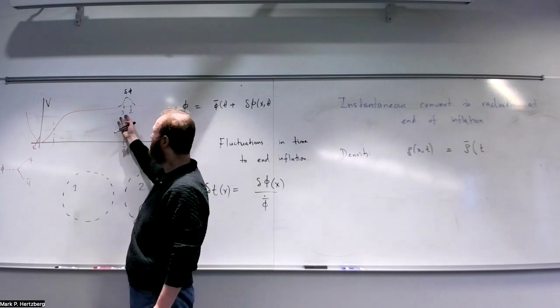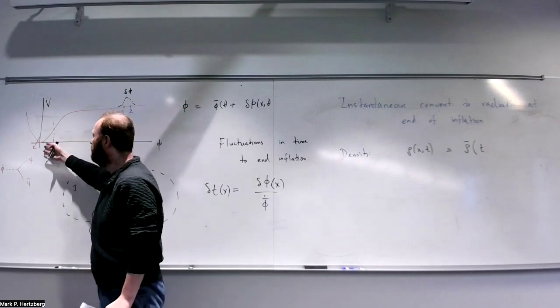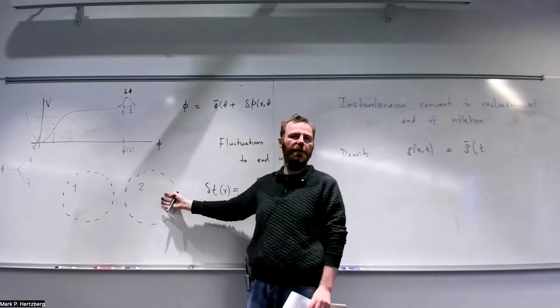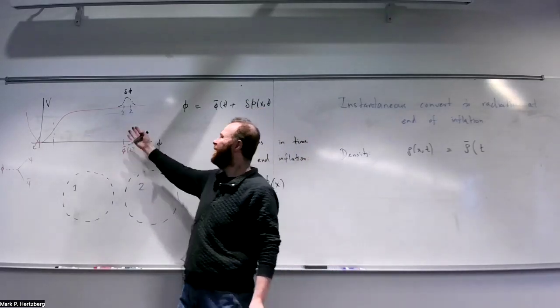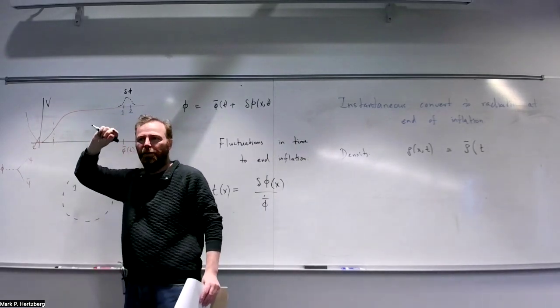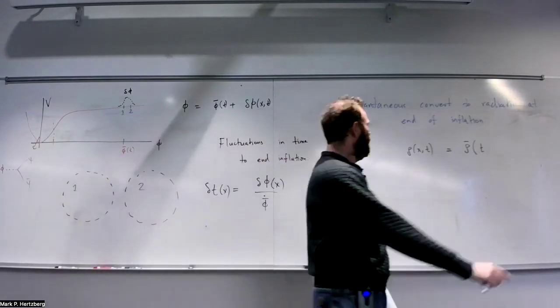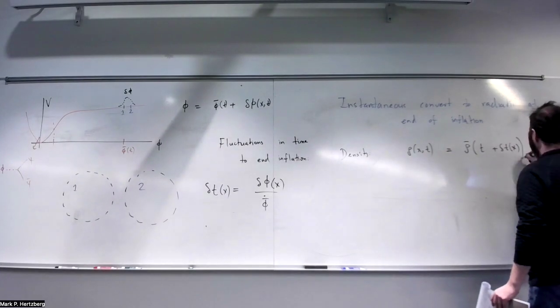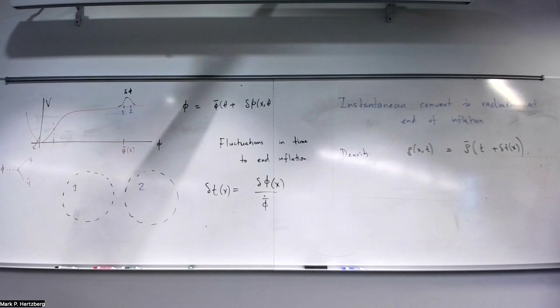So in region 1, you just start there and you go on some history and then you become radiation. And over in region 2, it does the exact same thing, it's just delayed. So it just starts up there and then does the exact same thing with all the t's shifted by a small amount. So we can write this as t plus delta t. It's a funny expression.